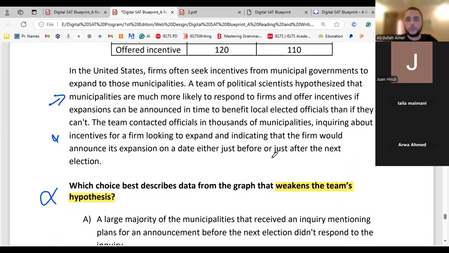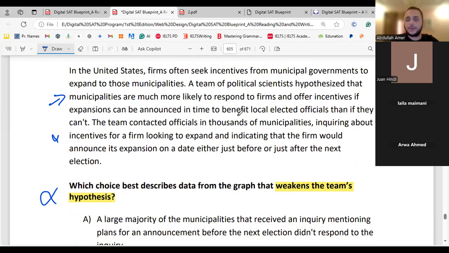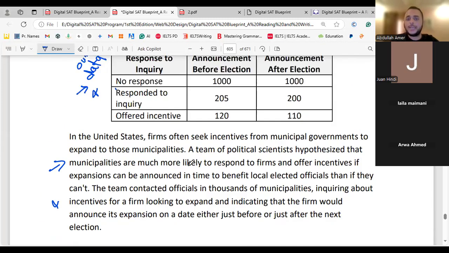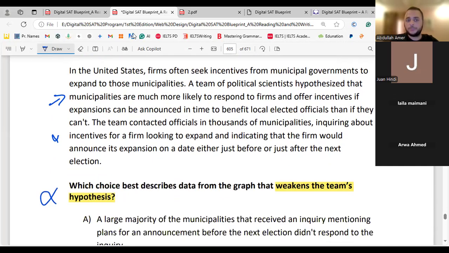Now we want to support this claim with textual evidence, with something from the Quran. So you will go to the Quran and get something to support this claim. Very, very similar here. I have a claim, and I want to support that claim from the graph. This is the point.